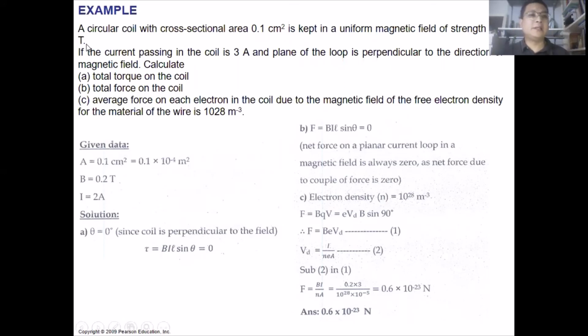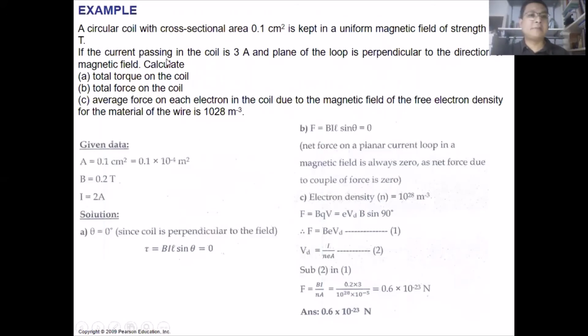A circular coil with cross-sectional area 0.1 centimeter square is kept in a uniform magnetic field of strength 0.2 Tesla.